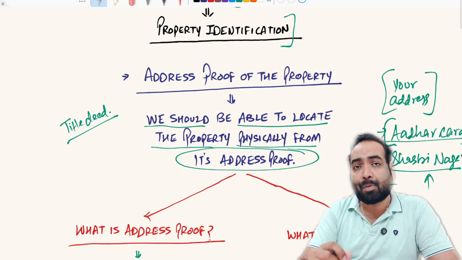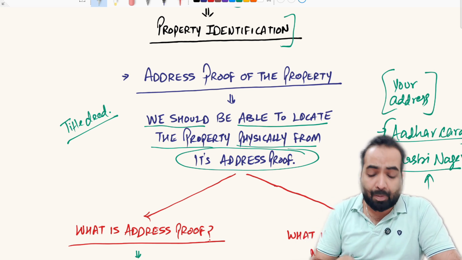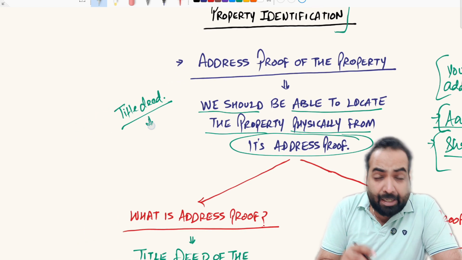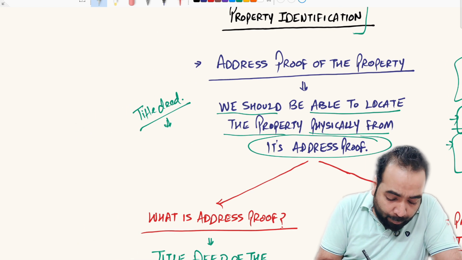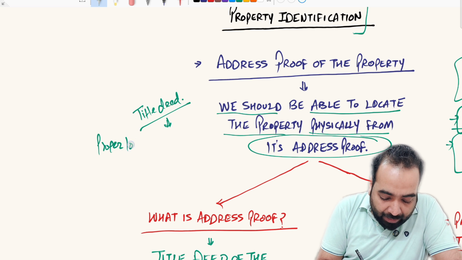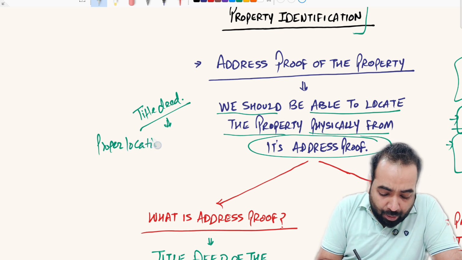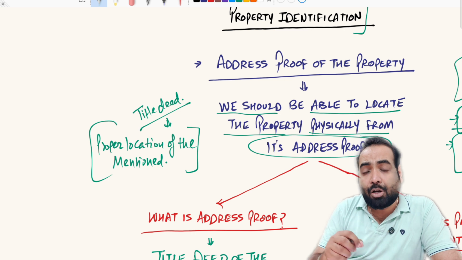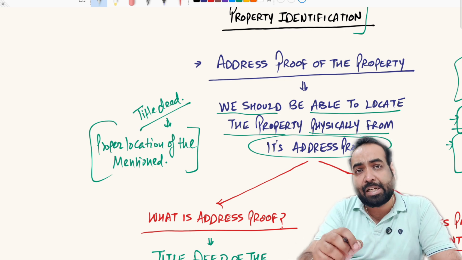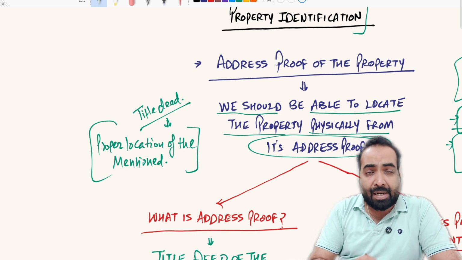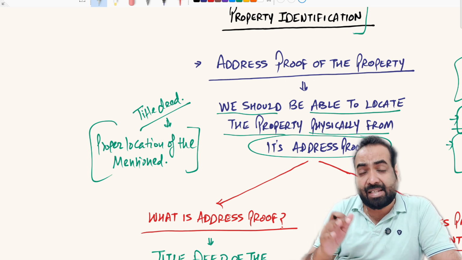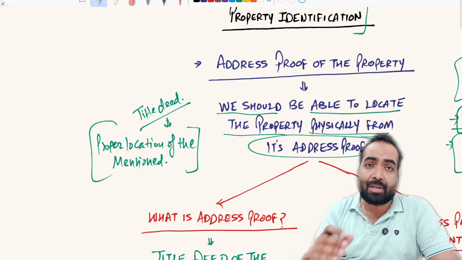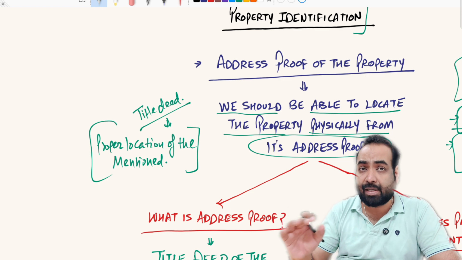In the title deed or ownership document, like in your Aadhaar card, the proper location of the property should be mentioned, and by reading the location from the title deed, you should be able to physically reach the site. So this is the concept of property identification, that we can identify the property physically at site.